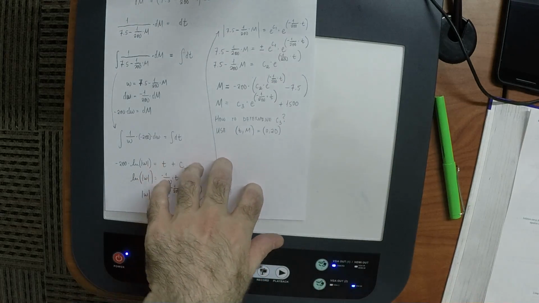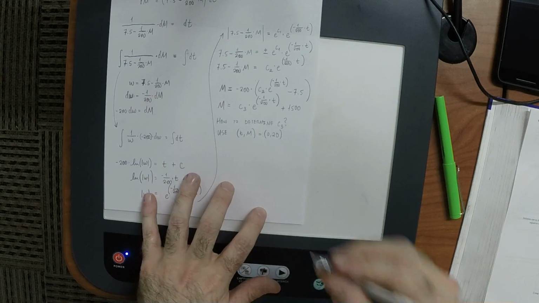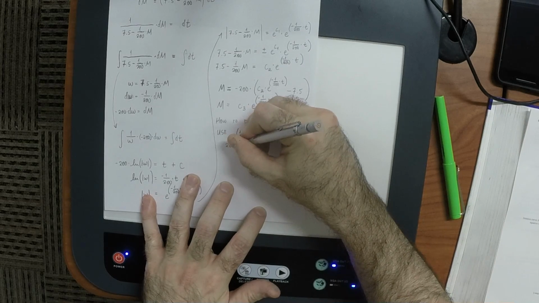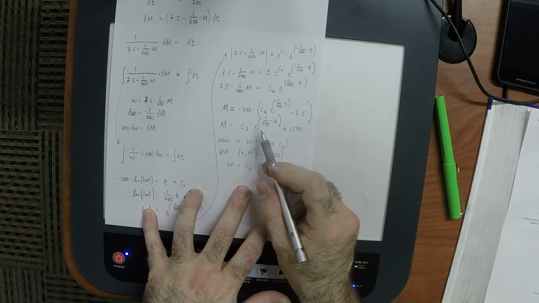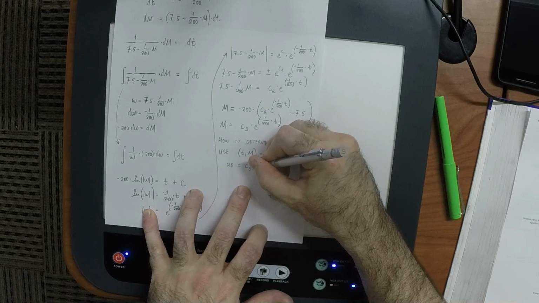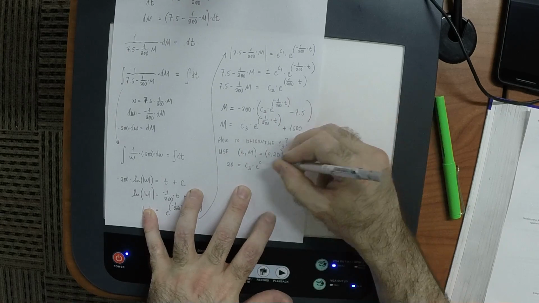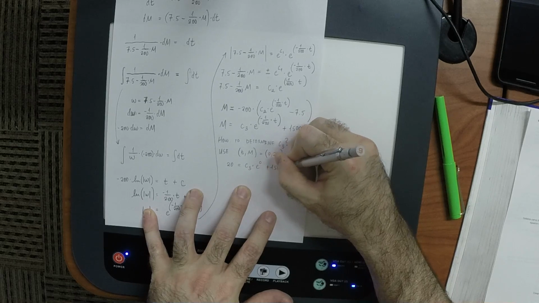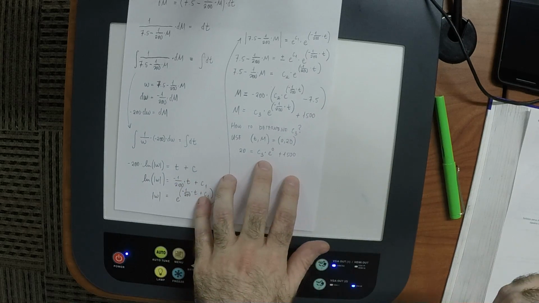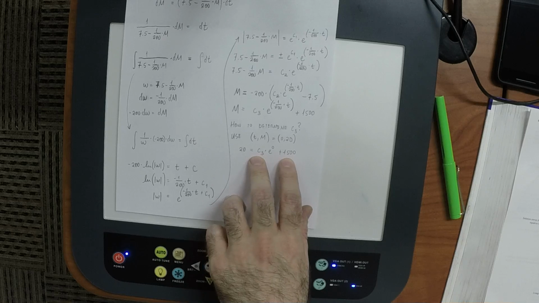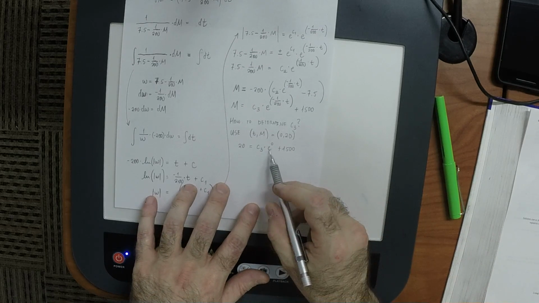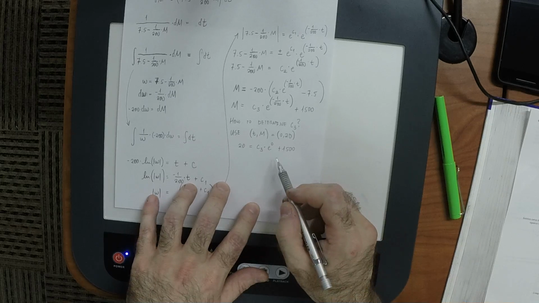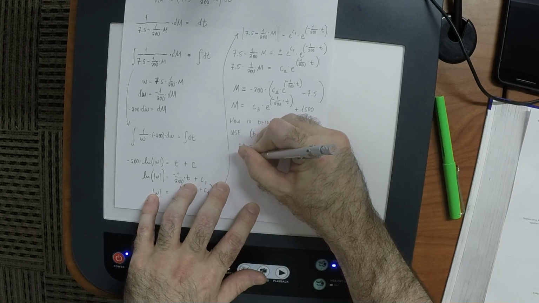So we can plug that in. That tells us that 20 should be equal to C3, and then t is 0, which means that's just exponential of 0, right? And then plus 1,500. And now we can solve for C3. Of course, exponential of 0 is 1. So what's C3 then?